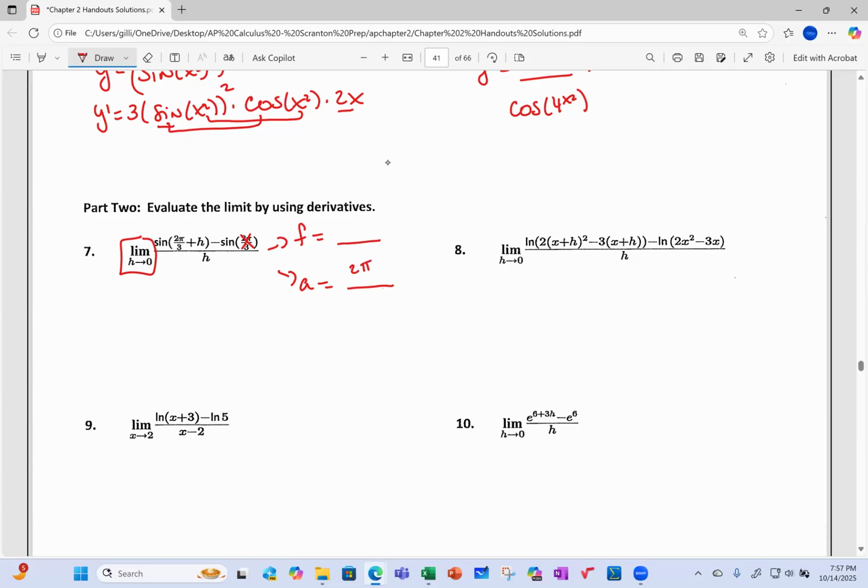So I could see that my a value is 2 pi over 3, but my function is the sine of x. But now you have to complete it. The derivative of sine is cosine of x, but I need to evaluate that derivative at 2 pi over 3. So this becomes the cosine of 2 pi over 3.